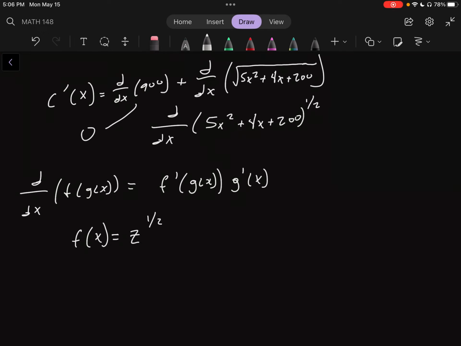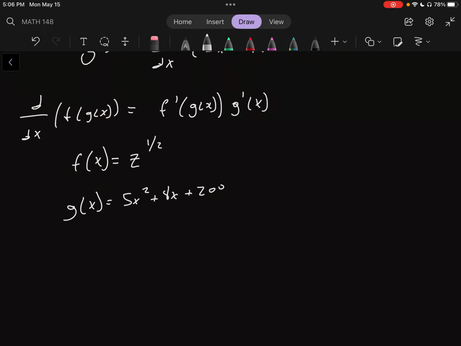Yep. Okay. And so now g of x is equal to 5x squared plus 4x plus 200.